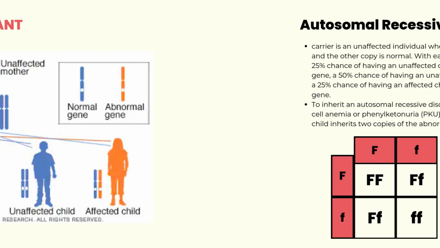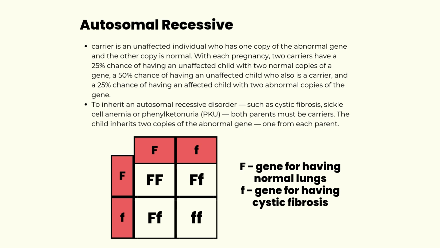As for autosomal recessive, this works really similarly, just in the opposite way: the healthy gene would be dominant and the diseased gene would be recessive. And so a carrier could be a person that has a copy of this genetic disorder, but it's not expressed because they don't have two copies, right?